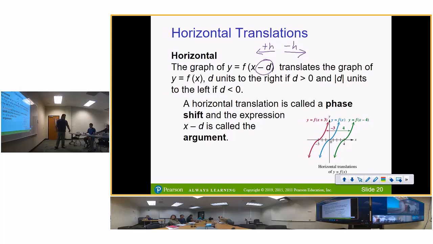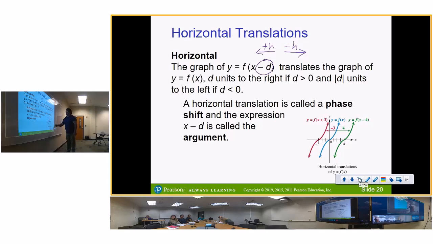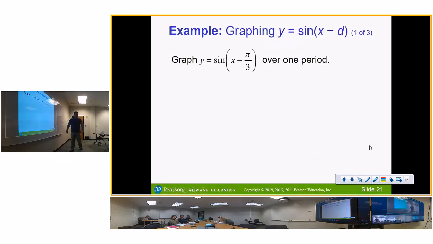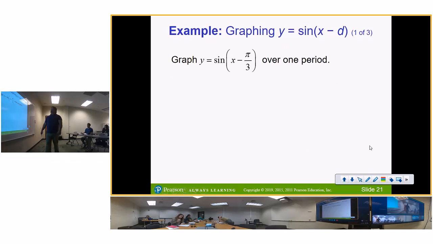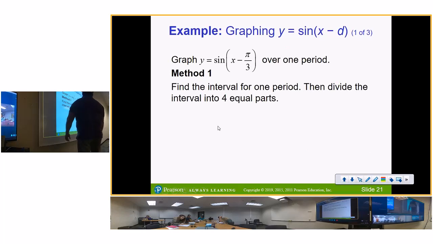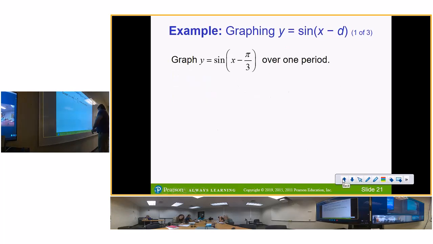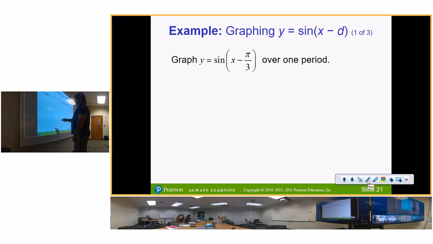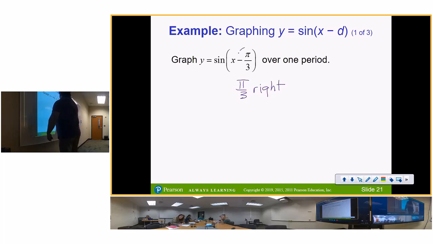Is that going to happen here? Yes. Same thing you've been taught. I want to go to an actual example. There we go. So here, the phase shift is going to be pi over 3 to the what? To the right.